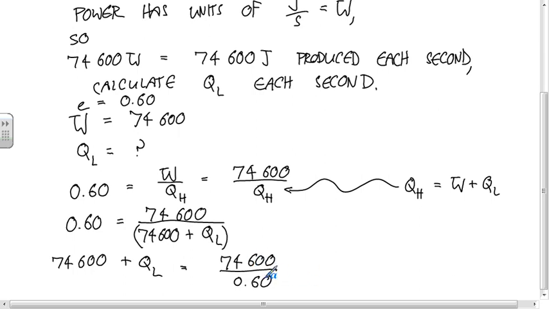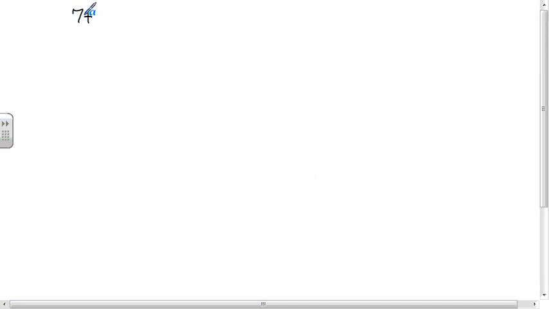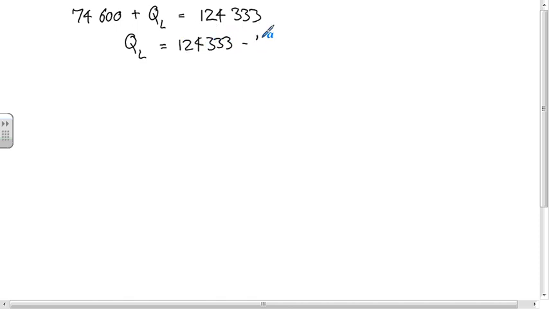Can someone divide this for me? Okay. And now subtract 74,600 from both sides, and you get QL is equal to 124,333 minus 74,600, and you get about 49,733 joules.